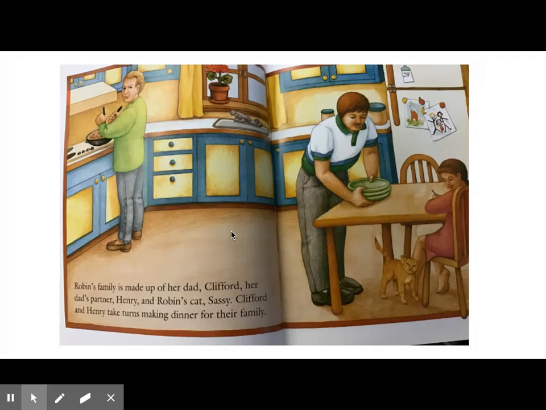and that, in first grade, we don't talk about boyfriends and girlfriends or girlfriends and girlfriends or boyfriends and boyfriends, because first grade is a time for kids to learn how to get along with each other and cooperate and be friends and be kind to each other and focus on learning.